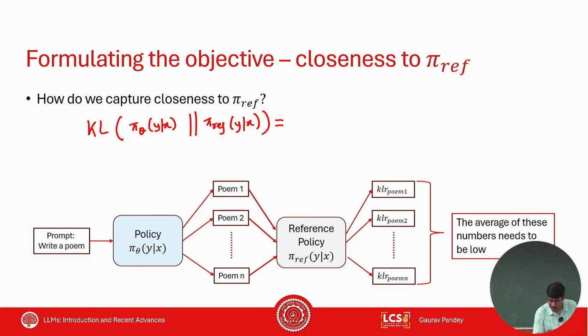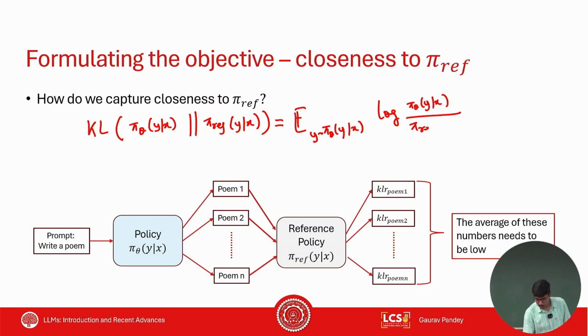And the KL divergence can also be written as an expectation. So what will this look like? Expectation under the policy of the log ratio of probabilities, pi theta y given x over pi ref y given x.